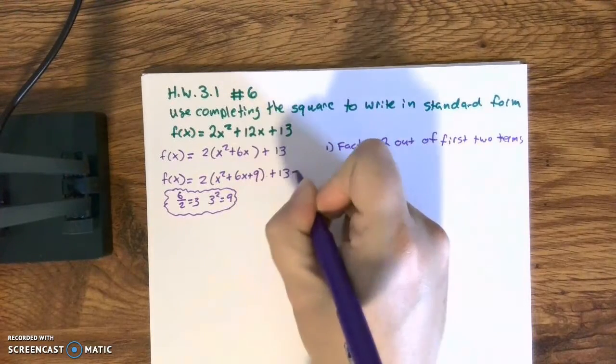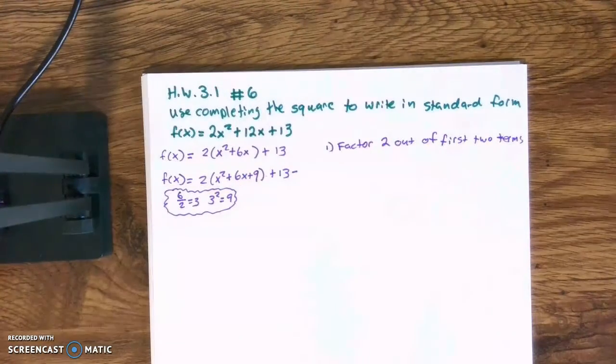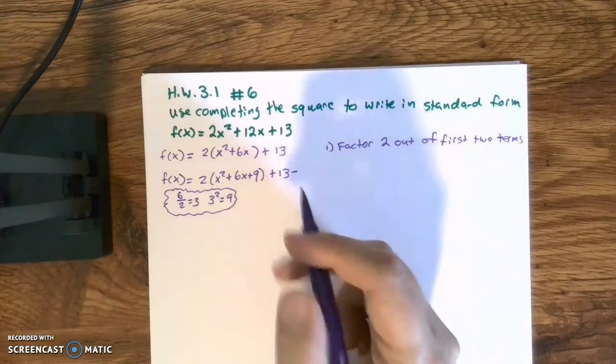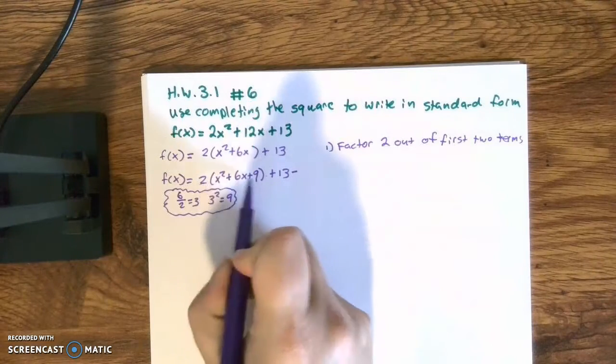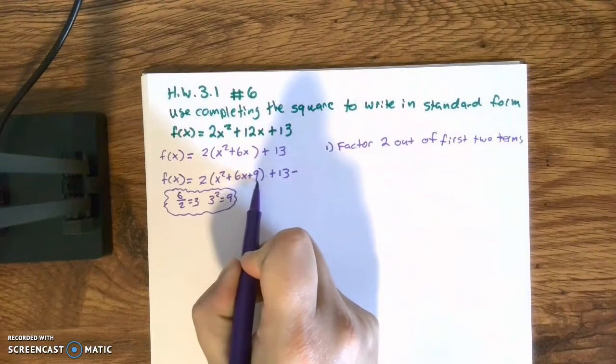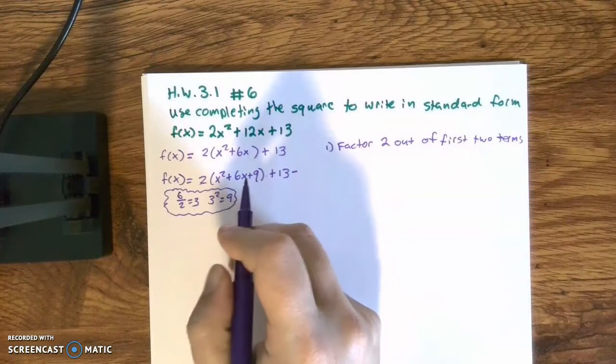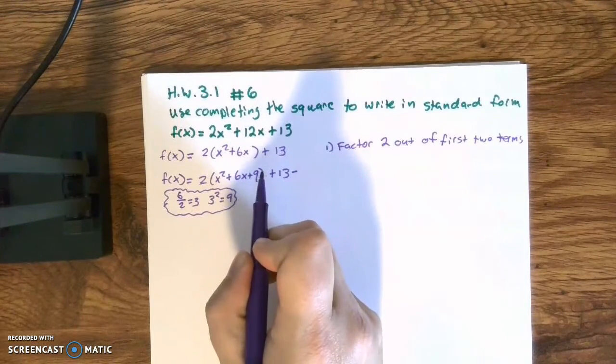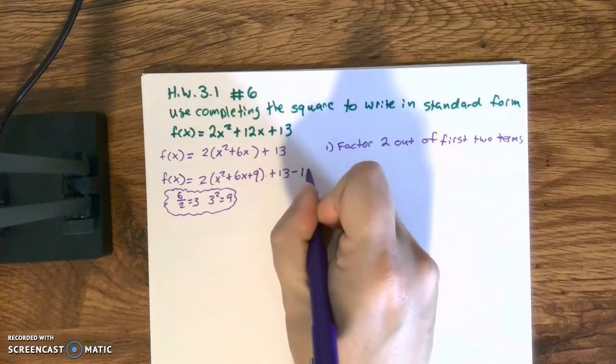So 9 will go in the parentheses. But we don't want to subtract just 9, because if we took away 9 and then distributed the 2 into the parentheses, it wouldn't take away all of this. So we need to do 2 times 9, which is 18.